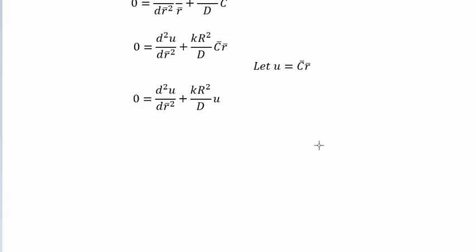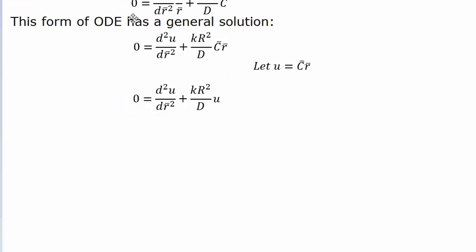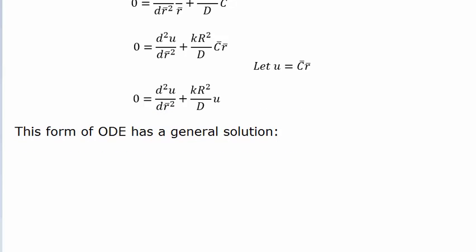But this is in a form that you should have been able to solve in your Calc 4 or differential equations class. So at this point, go open a differential equations textbook and solve this. What you'll get is this as your general solution.